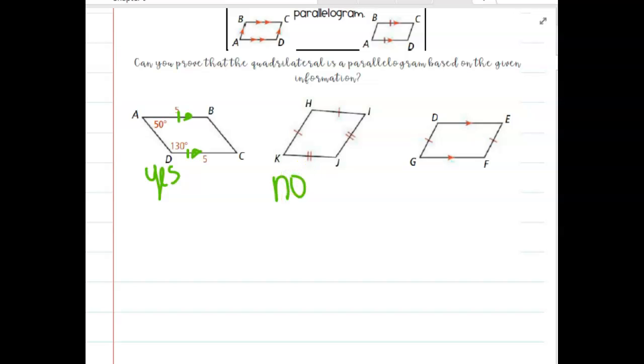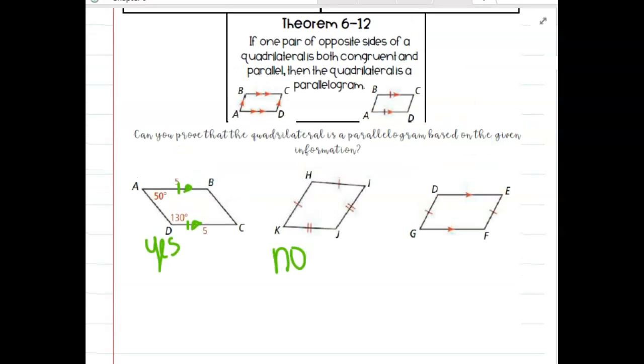And then this last one here can be kind of like that first one. This one says that we have DE parallel to GF, and we have DG congruent to EF. So I have one side that's parallel and one side that's congruent. So that is kind of like theorem 6.12. Theorem 6.12 says that if one pair of opposite sides is both congruent and parallel, then it's a parallelogram.